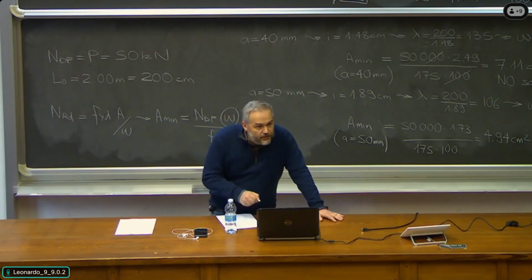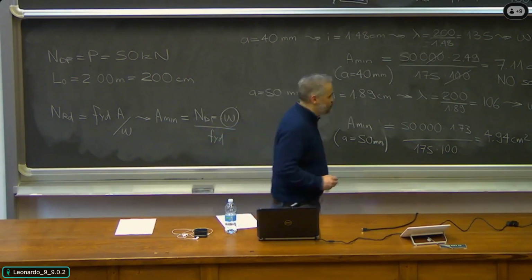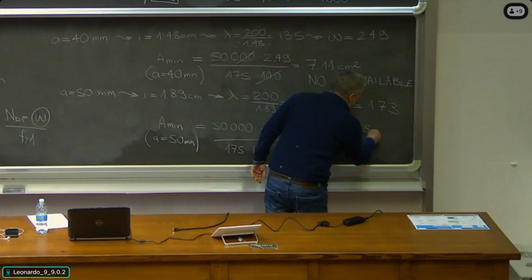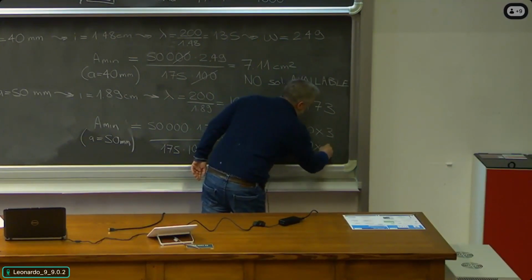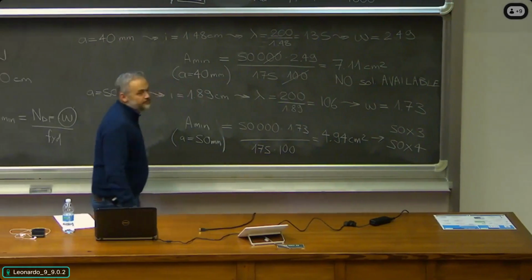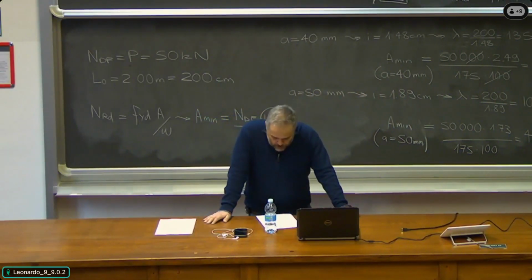Put red circles around these two solutions because they are both available. So both 50 times 3 and 50 times 4 are okay. Which one would you choose between the two? Less weight.